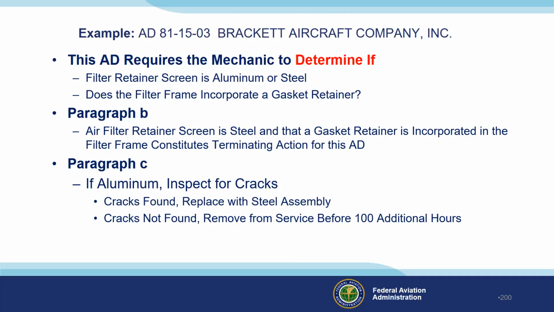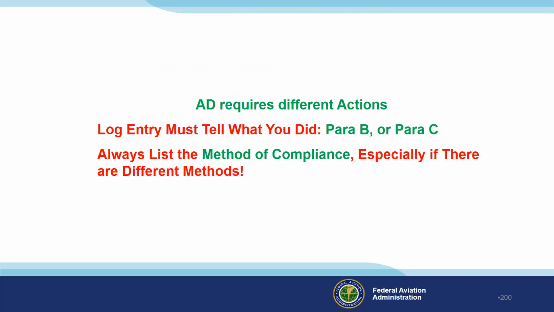And I believe there is also a paragraph D to this one, but I didn't list it just to keep things brief. But it's just an example of where you would want to write down what paragraph you complied with. So that's what we're trying to emphasize here. In your log entry, tell what you did, which paragraph you complied with, how you complied with it.